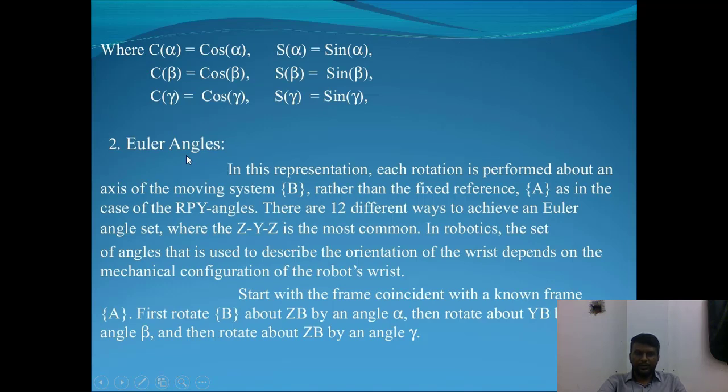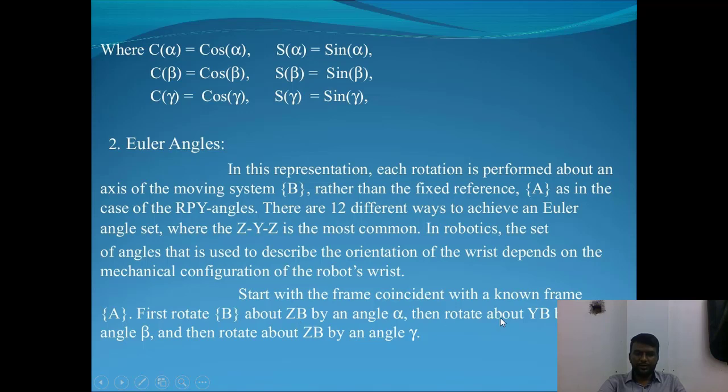The second method is the Euler method. In the Euler method, there are a number of ways. The most common is ZYZ. In this method, we have a fixed frame, the A frame. So we rotate the B frame about ZB by an angle alpha, then by beta, and then gamma.